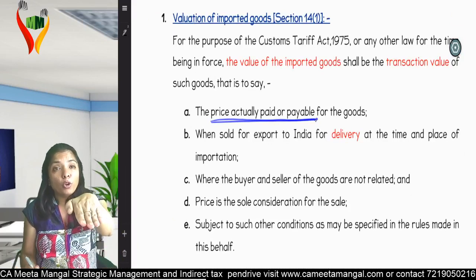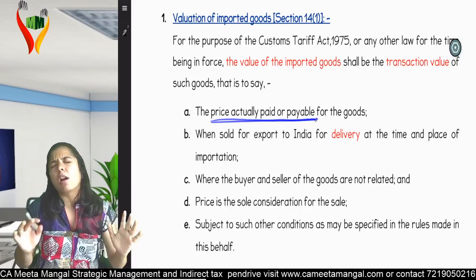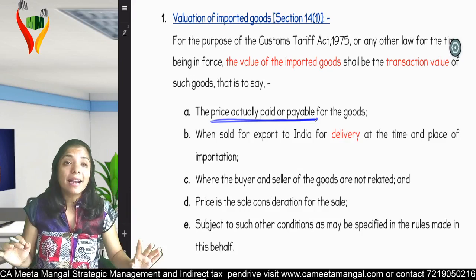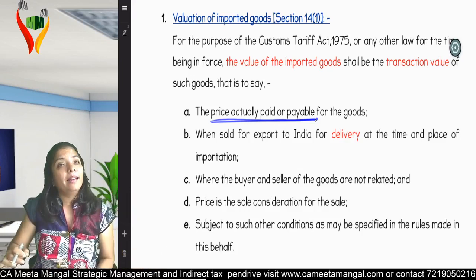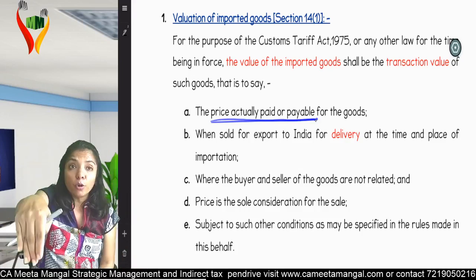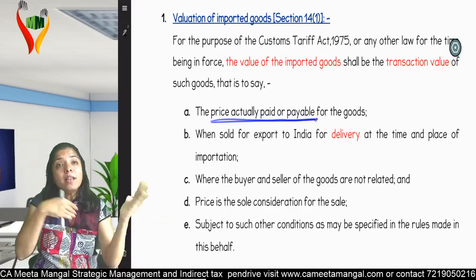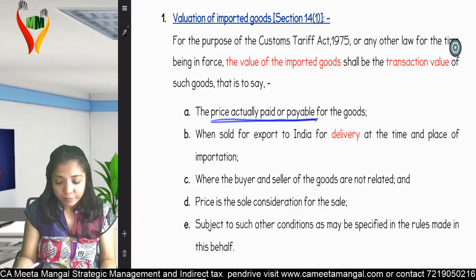Sold for export to India means import for India. When the goods come from the US, for the US it is export only.